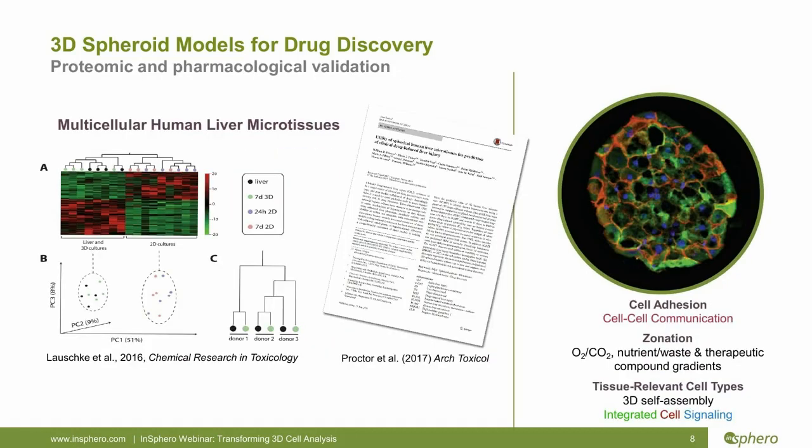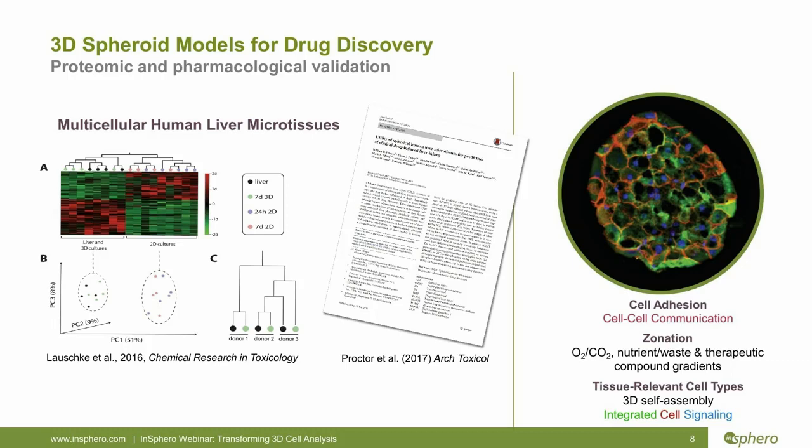Multicellular spheroids also more faithfully recapitulate native tissue at the transcriptome and proteome level. The heat map and PCA shown here is from a 2016 paper published by the Karolinska Institute. They compared the proteomes of native liver with 3D liver spheroids and 2D liver cultures. All were produced from the same donor material.